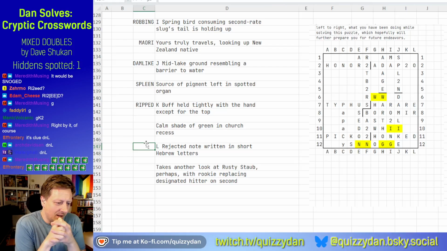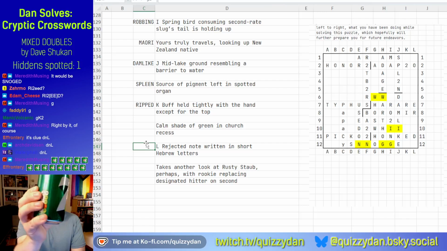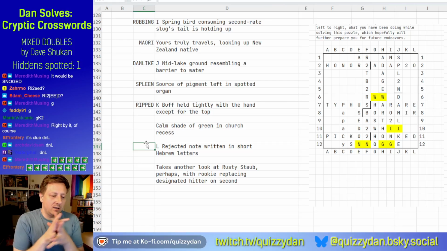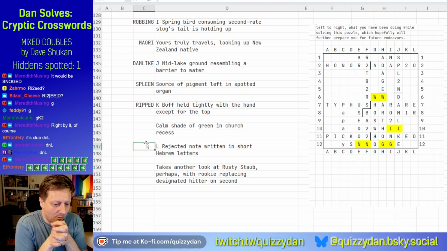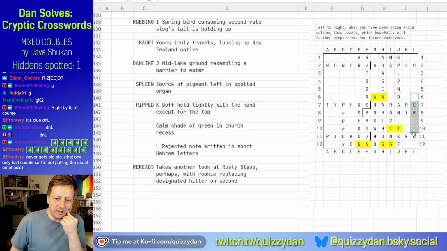Good work, effrontery. Last clue. Takes another look at what clue is this? Well, if this is 7 up, this is L down. Takes another look at Rusty Staub, perhaps, with rookie replacing designated hitter on second. Okay. I think this is rereads. Just looking at the grid, I think rereads goes in here.